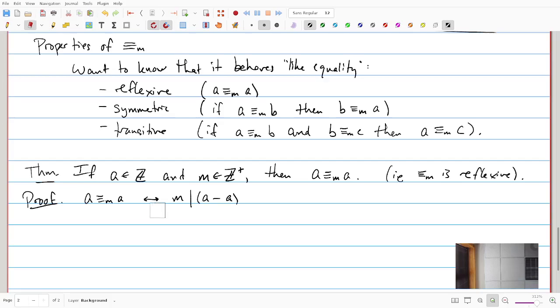Maybe I should write this up. I'll write it out. By definition, A is equivalent to A if and only if M divides A minus A. Okay, does M divide A minus A?